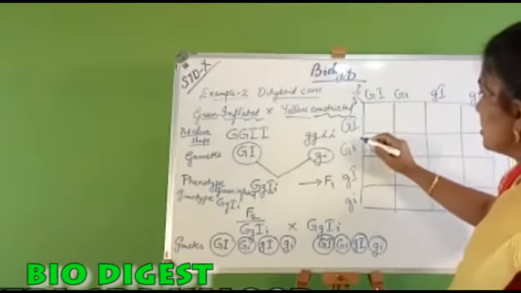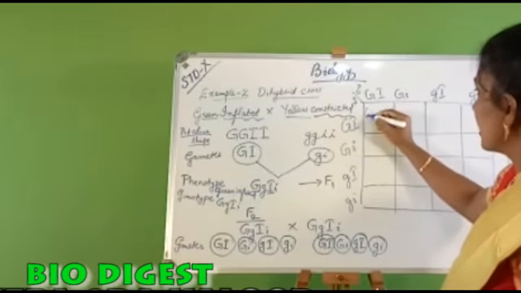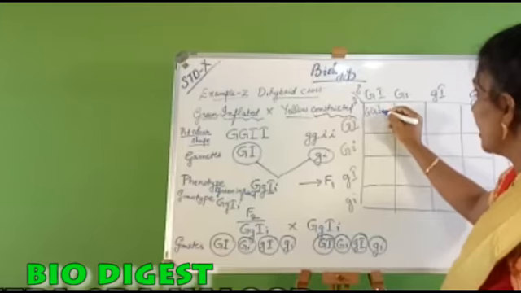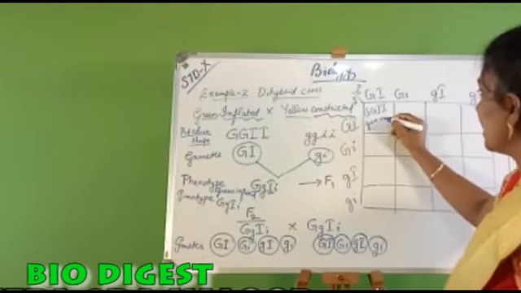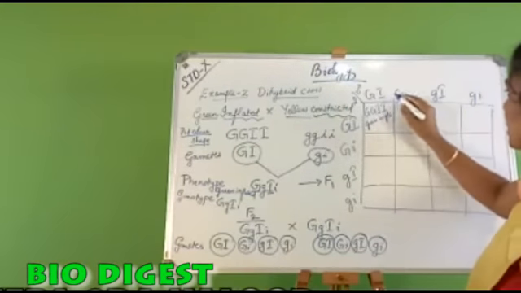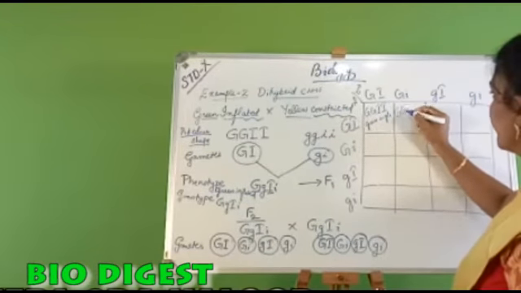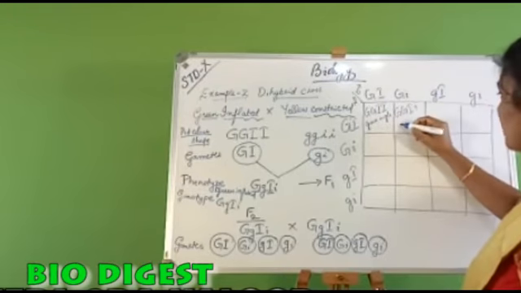Now, just crossing. G, G, I, I. What is this color? Green, inflated. Okay, I am not writing the full. Now G, G, capital I, small i. I hope it is clear to everyone, okay?